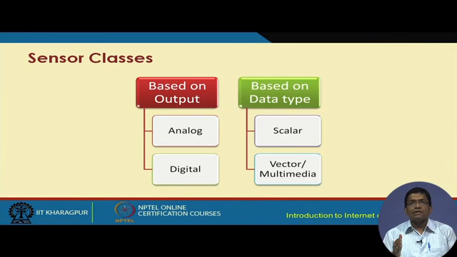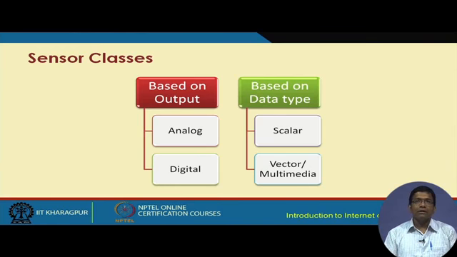So, a scalar sensor example would be the temperature sensor, because irrespective of which orientation you put it in or which direction you are taking it, it is going to give you the magnitude value only, the changes in the magnitude of the temperature.